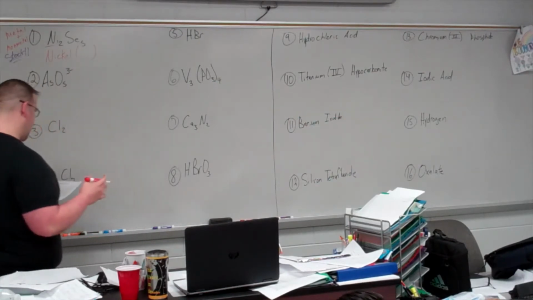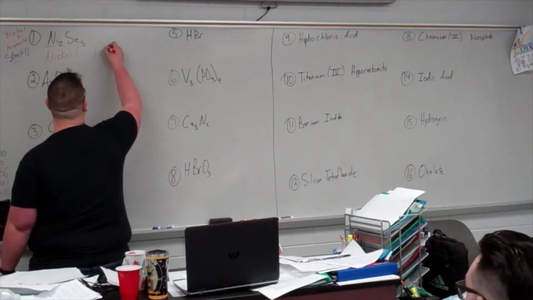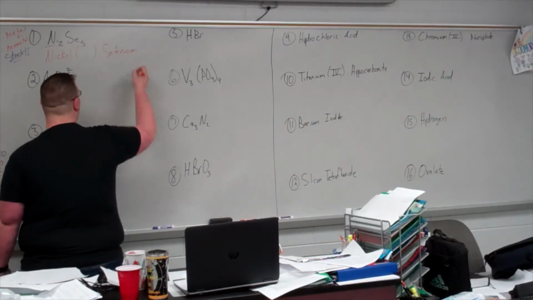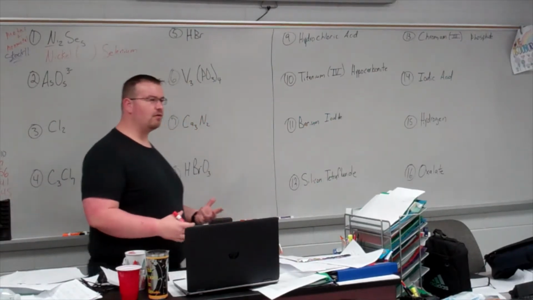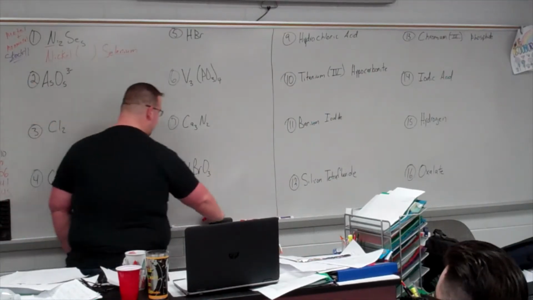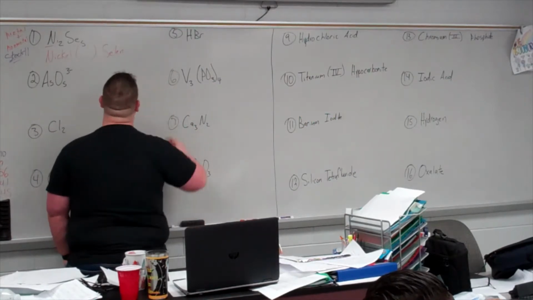And then the second element is atomic number 34, which is selenium. But remember the rules with this: you have to name that anion like you would the monatomic. So for selenium, we have to remove the ending, the IUM, and add IDE.